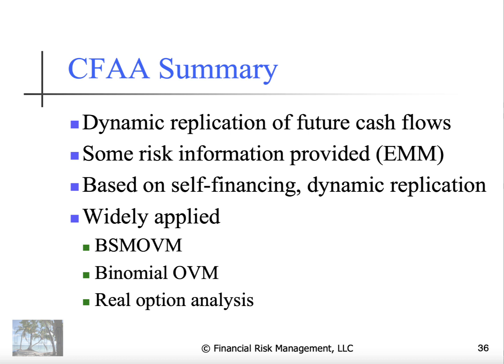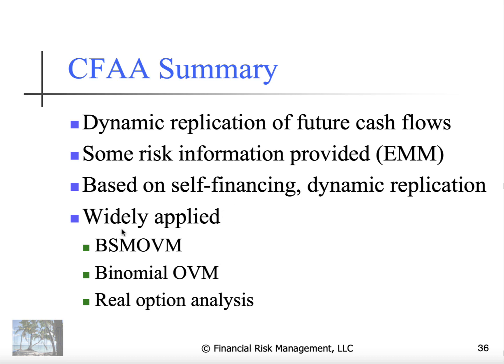It is based on the assumption that I can do self-financing dynamic replicating. I learned many years ago that in some countries it is against the law to finance arbitrage activities. Well, I can't do self-financing dynamic replicating if I have no access to financing. And so it's not surprising that in those countries, derivative valuations change.